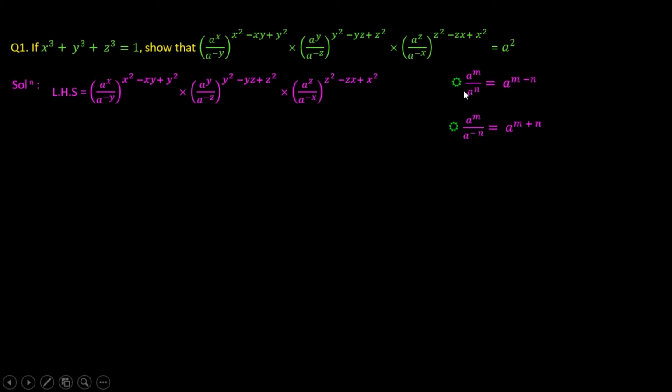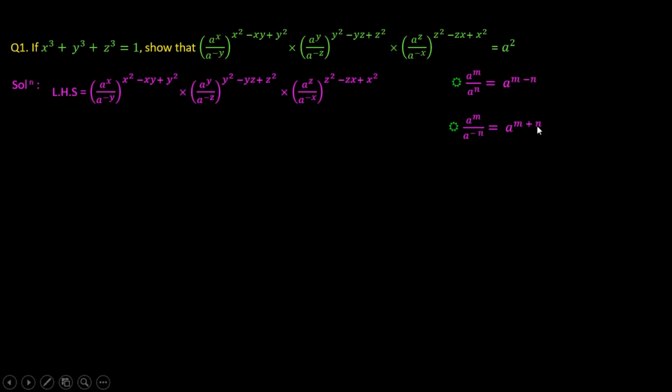on the numerator, the base remains the same, because the base is same, so we only have to subtract the powers. As power n goes on the numerator, its sign is changed. Its sign is here positive, its sign becomes negative when it goes upside, or if its sign is negative, when it moves on the numerator its sign becomes positive.